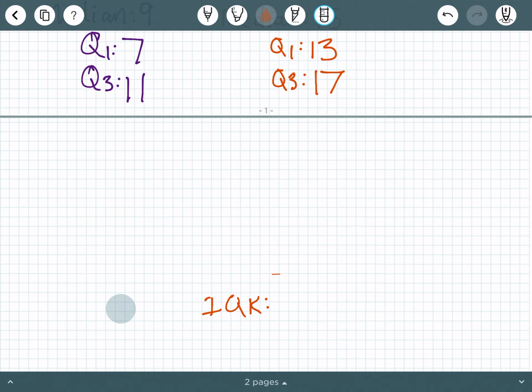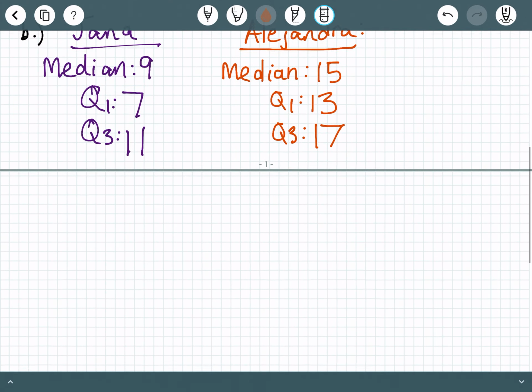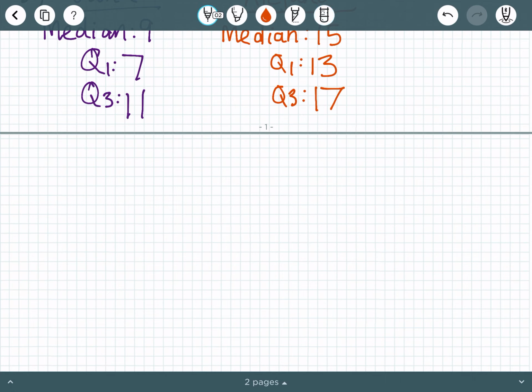Looks like I didn't leave room for that, but that's okay. Now it said to do it on the same scale. So the girls' lowest score in points was 6, and the highest was Jana with 55. So let's go from 0 to 60. That would be an appropriate amount. So we'll go 0, and we can go by tens.